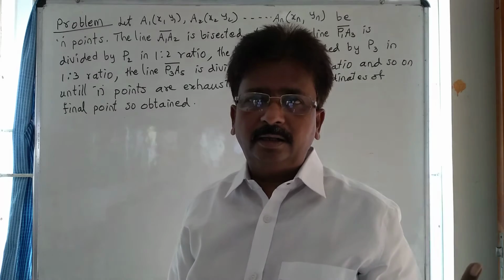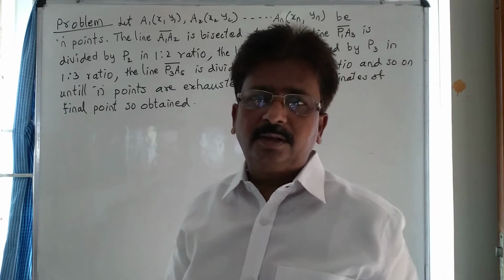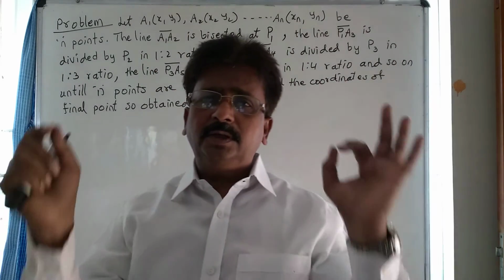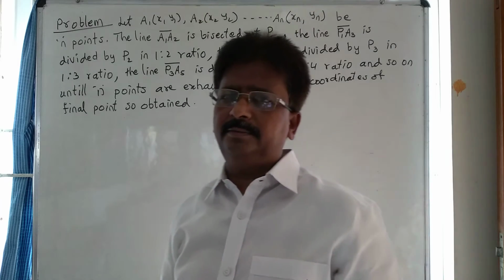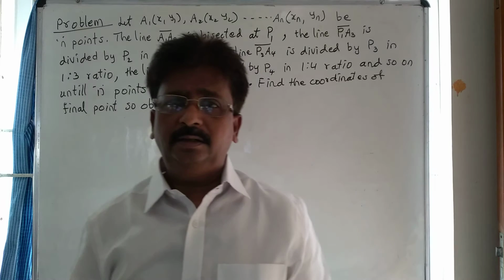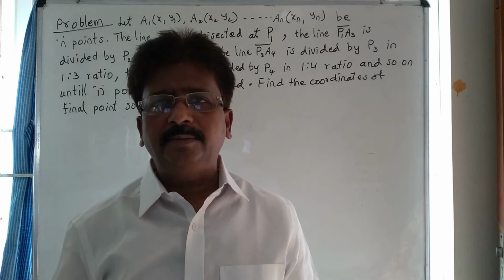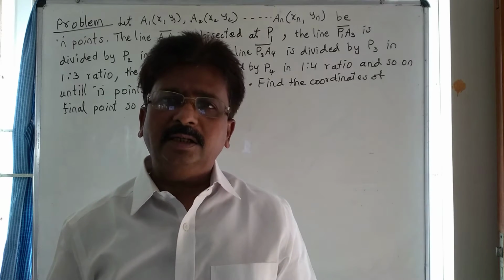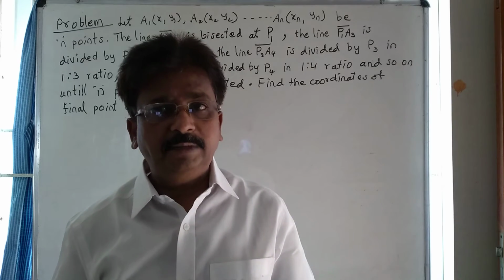They are not given as collinear; they may or may not be collinear. The line segment A1 A2 is bisected by the point P1. In other words, P1 is the point of bisection of A1 and A2, which is nothing but the midpoint of A1 and A2.